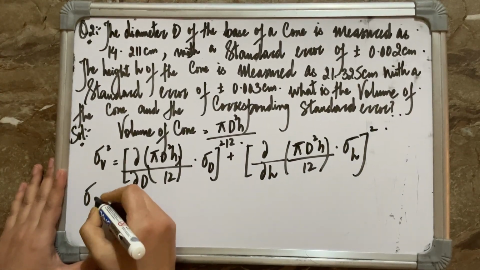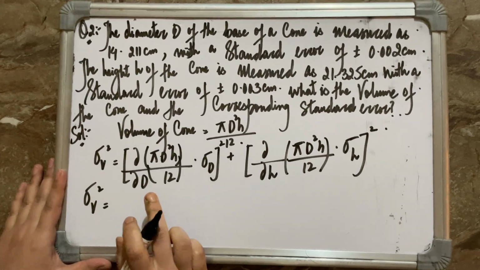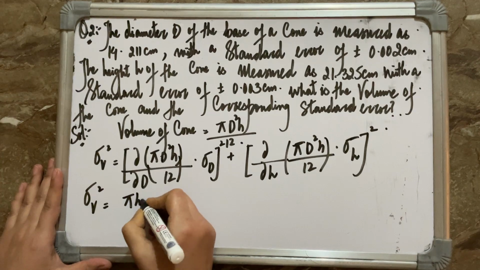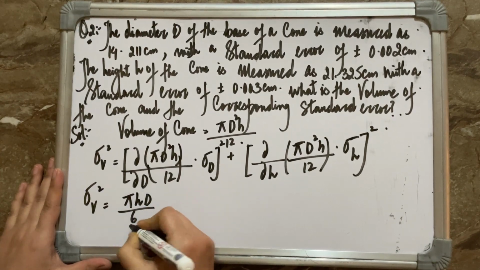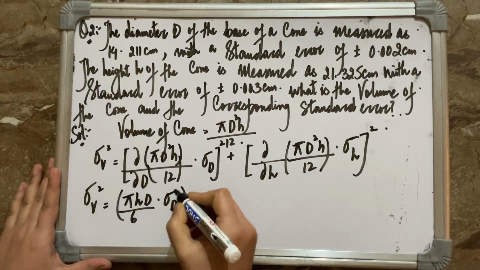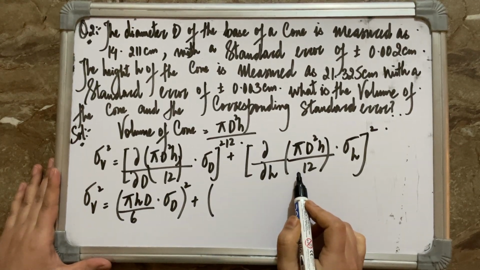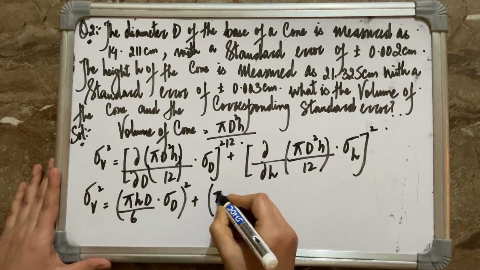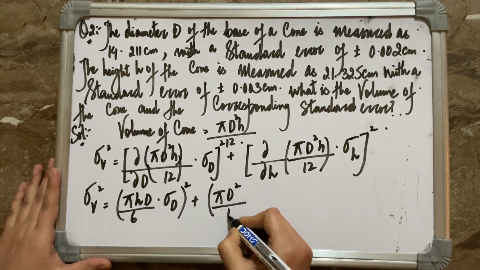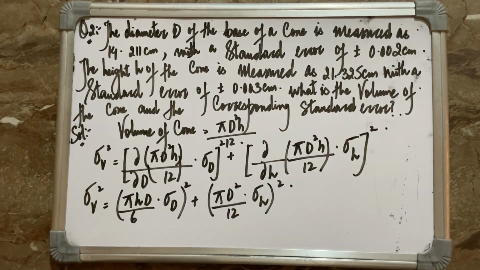By calculation, sigma v square is equal to pi h d divided by 6, sigma d squared, plus pi d square by 12, standard error in height, squared.